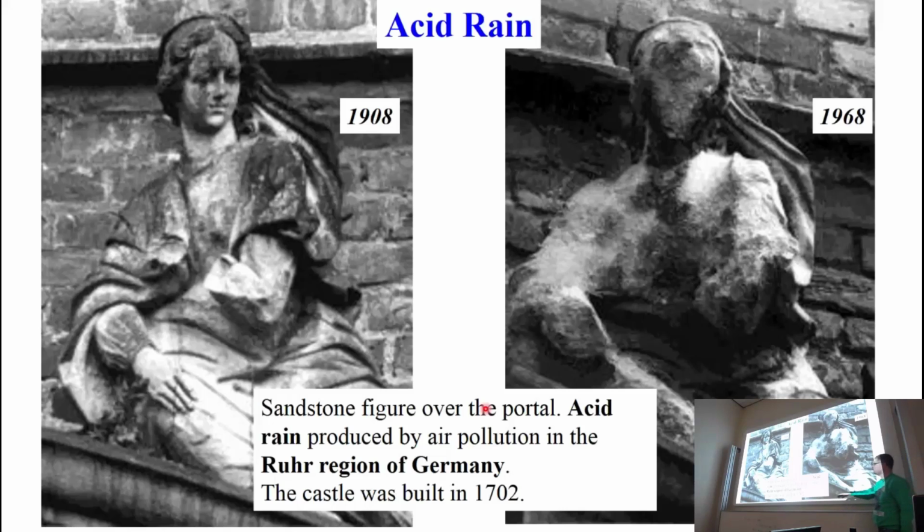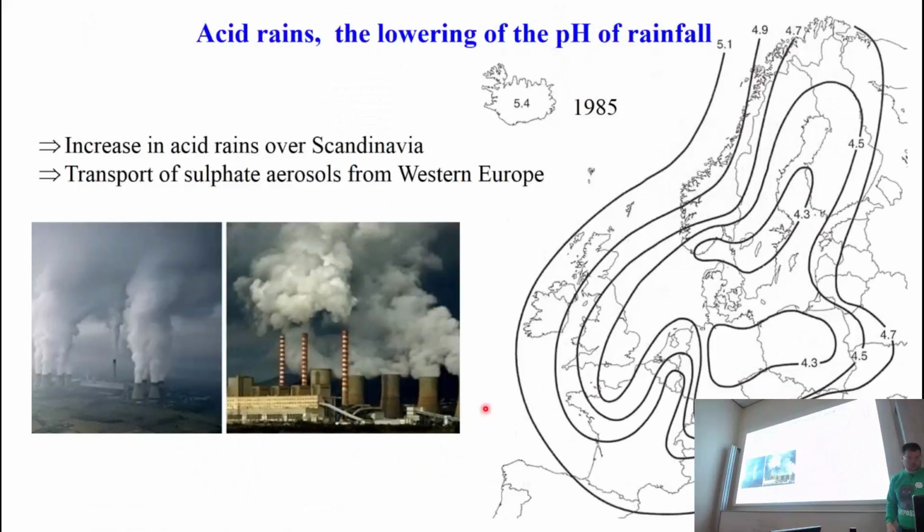Okay, so this is the kind of the effect of that. This is a building that was built somewhere in Germany in 1702, and in 1908 it looked like this, and you could see her face. Then like 60 years later, her face is gone. This is because of the local effects of this acid rain. And this is a map of the pH of rainfall.